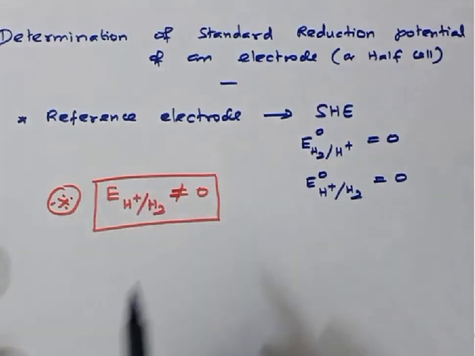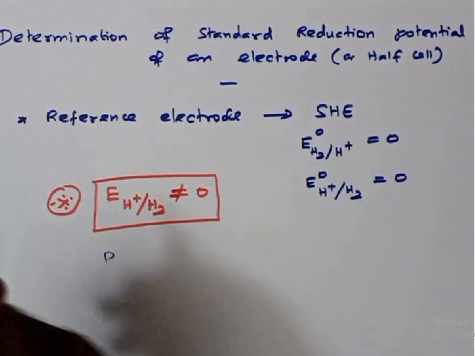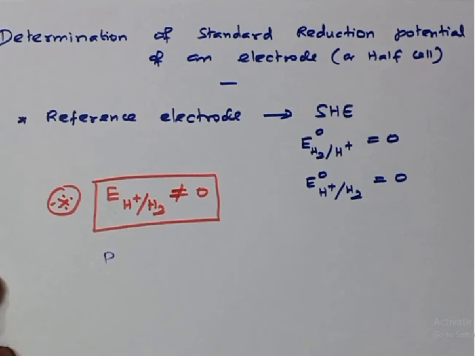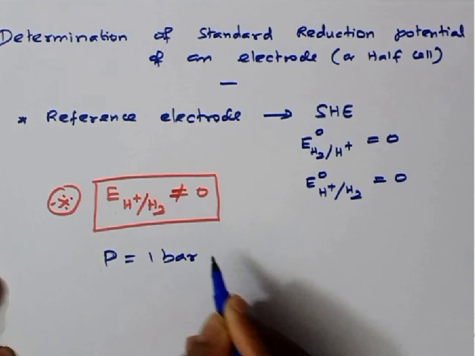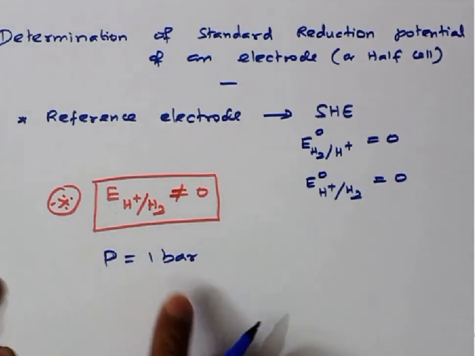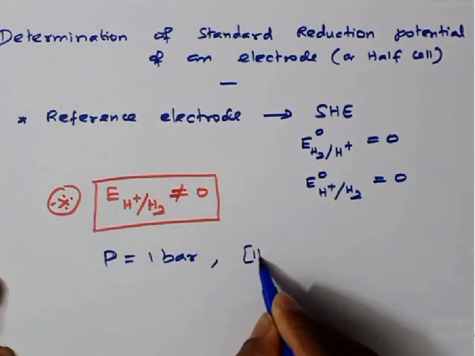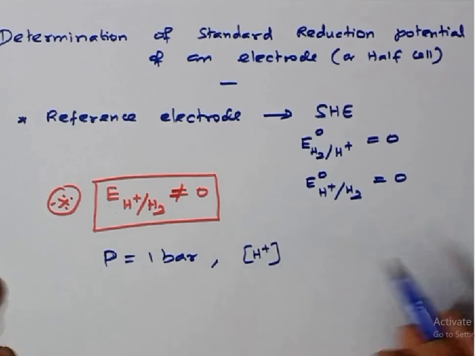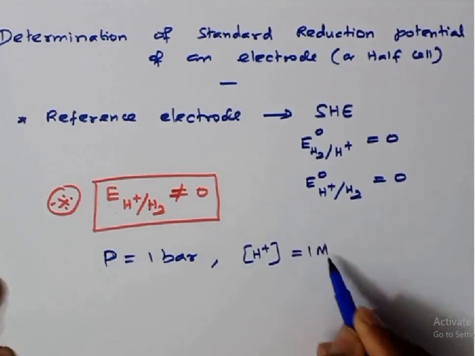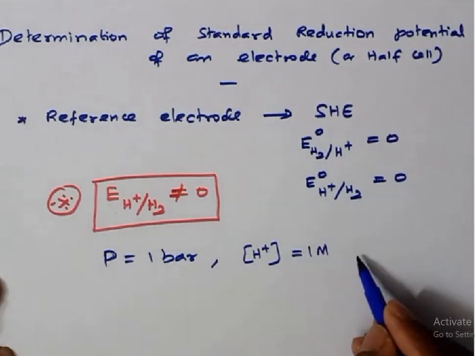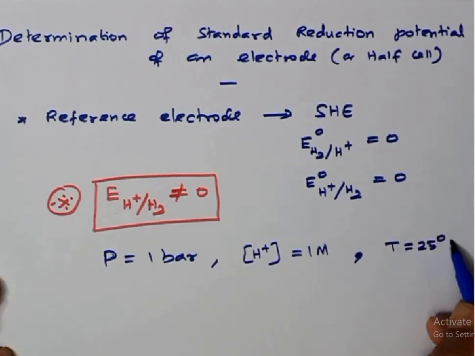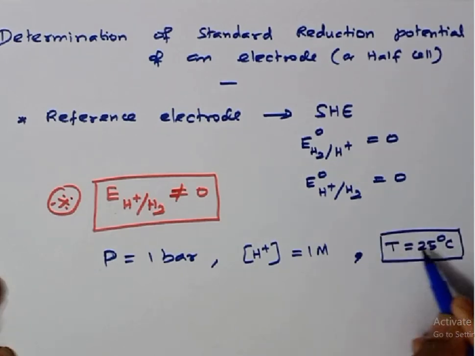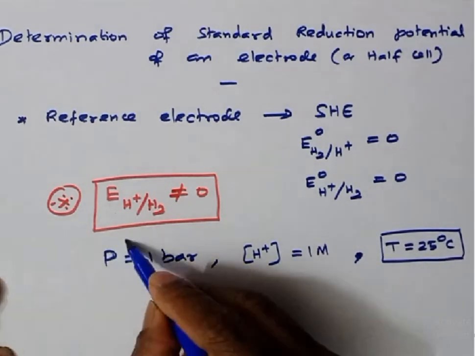A hydrogen electrode is a standard hydrogen electrode if the pressure of hydrogen gas used is 1 bar, and the concentration of H plus ion, or I can say the activity of H plus ion, is 1 molarity. Temperature is not that important, but by convention people use 25 degrees Celsius. Only the first two are very, very important.